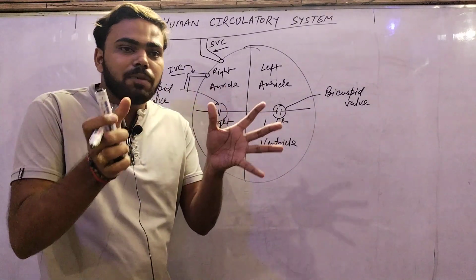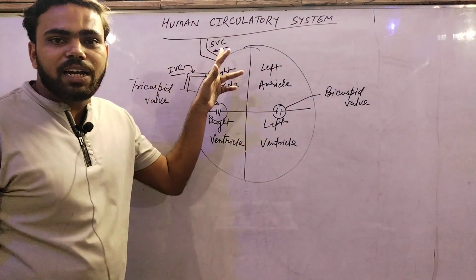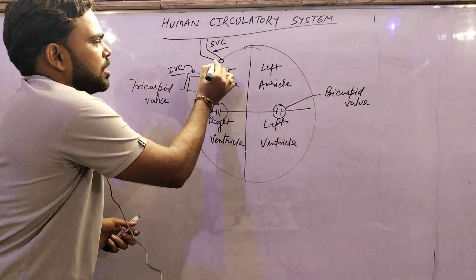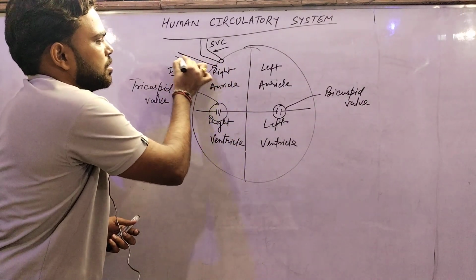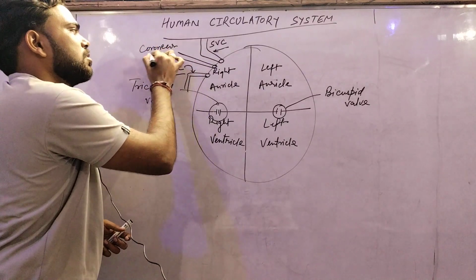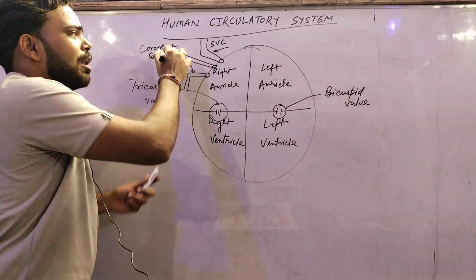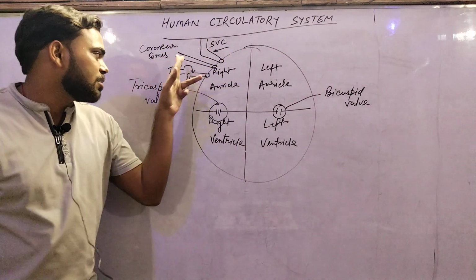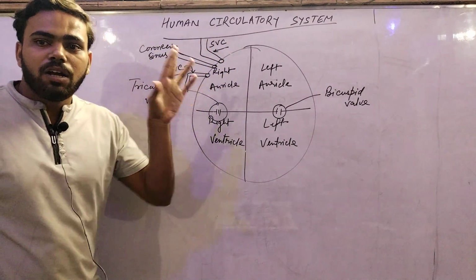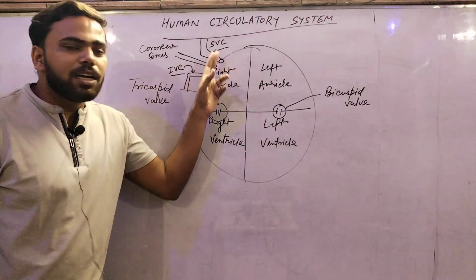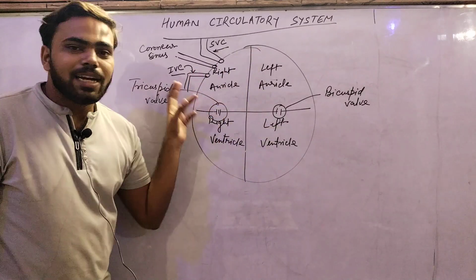And in between, intermediate of these superior vena cava and inferior vena cava, there is a coronary sinus. What is this? Coronary sinus. So by the help of these three, superior vena cava, coronary sinus and the inferior vena cava, all deoxygenated blood reaches the right auricle, or we can say the right atrium.